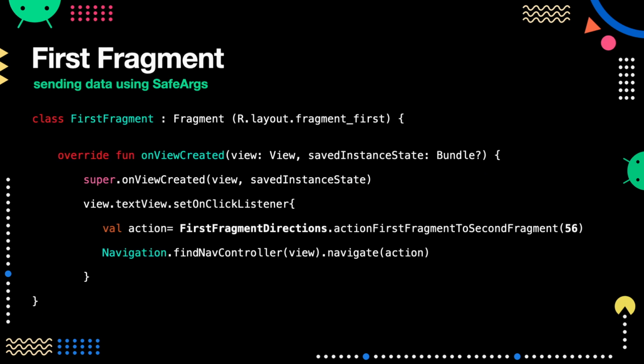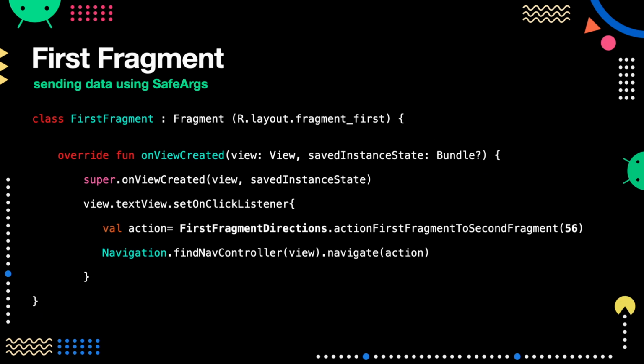After you declare the arguments, you'll have to rebuild the project, and some files will be generated using SafeArgs, which internally handle the bundle implementation. In this case, there will be three files generated. First will be FirstFragmentDirections, then SecondFragmentDirections, and then SecondFragmentArgs.